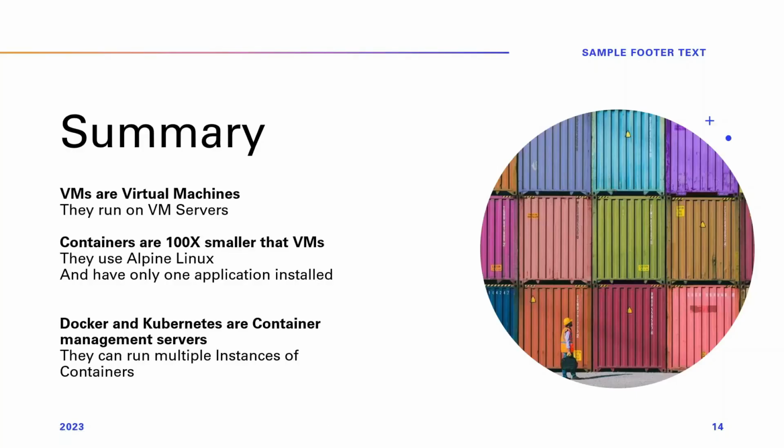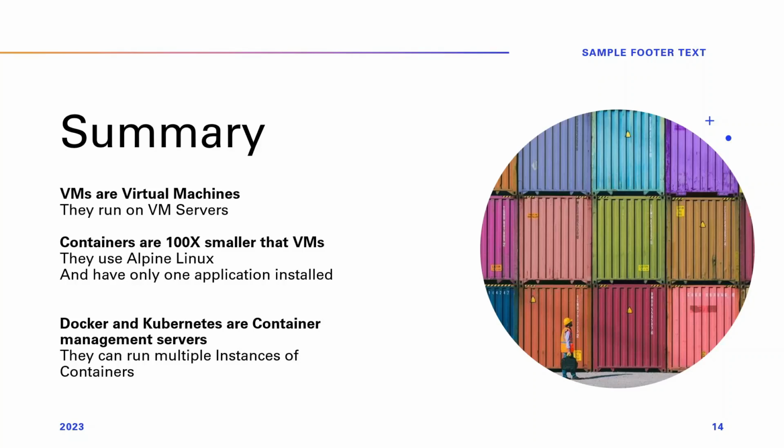We have seen what virtual machines are and that they run on VM servers. We saw VirtualBox and we saw Proxmox as the virtual servers for running virtual machines. We also saw that the tiny containers use Alpine Linux and that Docker is the repository for keeping containers, and Kubernetes is the container management system where we deployed the Nginx web server into the cluster.